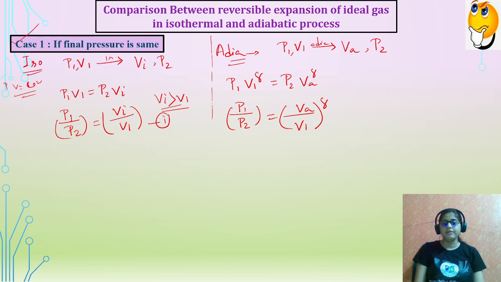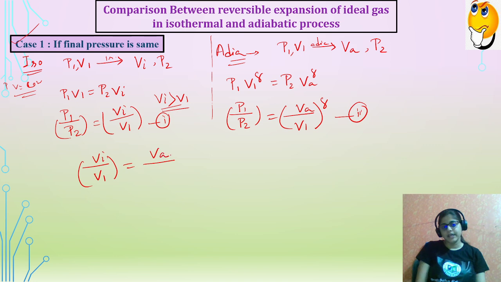See, the P1 by P2 left-hand sides are the same. So we can write from 1 and 2 that Vi by V1 will be equal to Va by V1 to the power gamma.